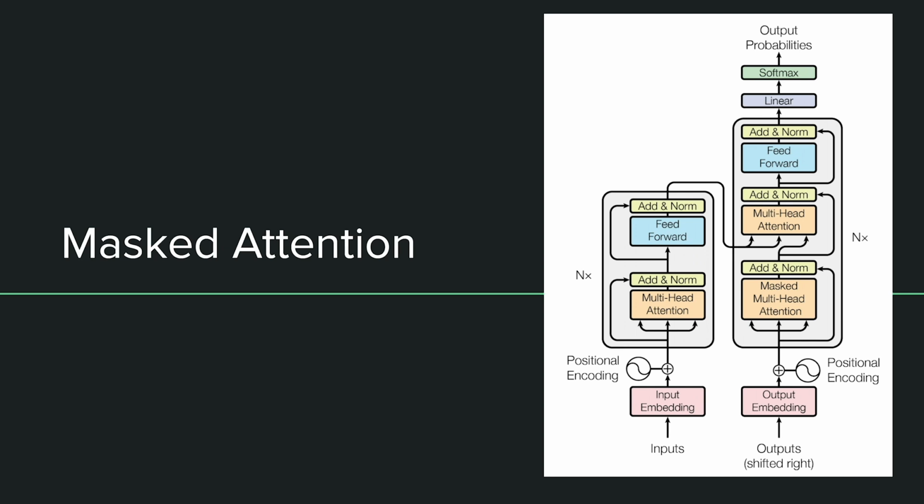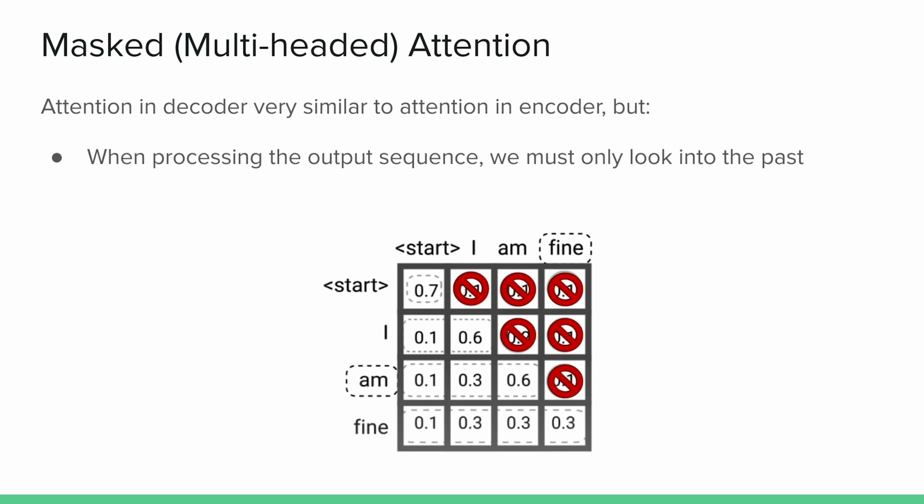Coming to the next attention block, which is the masked multi-head attention in our decoder that I really want you to understand first. So when we're processing the output sequence, we're basically doing something very similar. We're also trying to understand in, say, the English language, how words relate to each other.